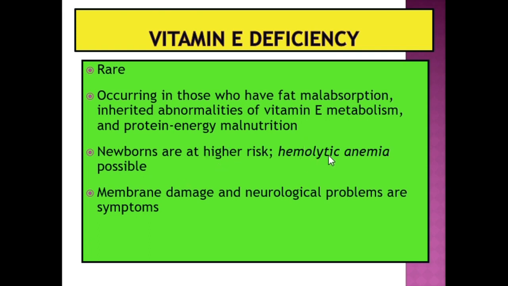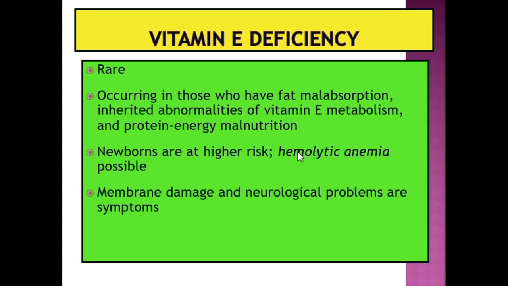For example, hemolytic anemia is possible among them. Let us look at the meaning of hemolytic anemia. Hemo refers to the hemoglobin in red blood cells. Lytic is lysis, which is the destruction or breakdown. So hemolytic anemia is a disorder related to destruction of red blood cells and their hemoglobin.